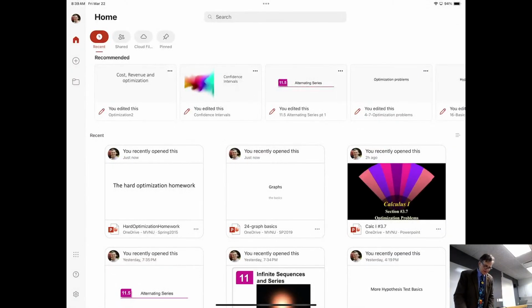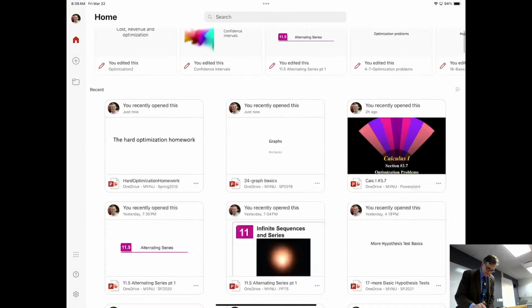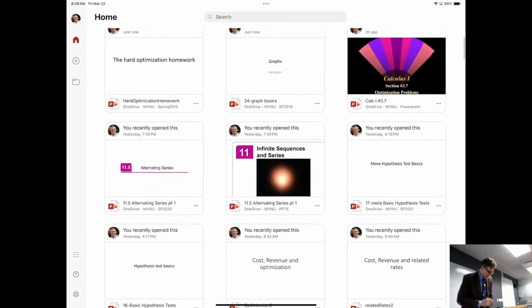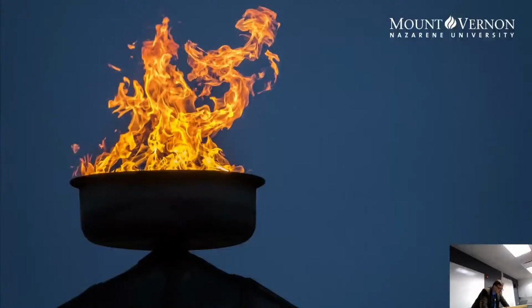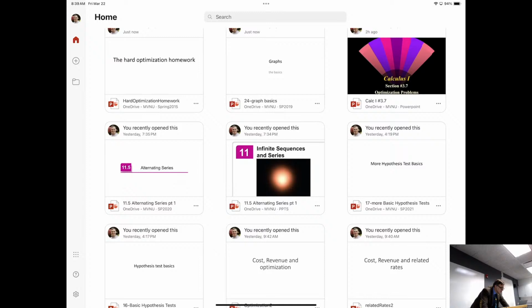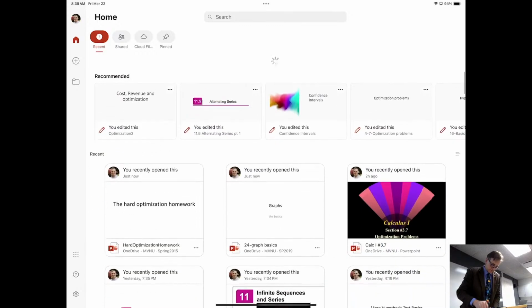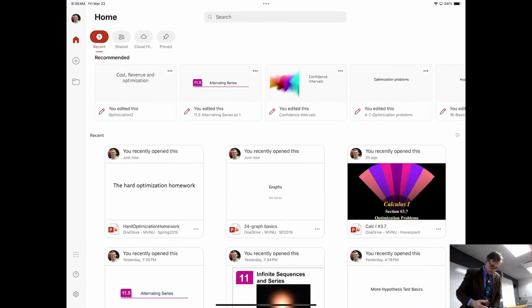Let me figure out which one I need. Just a minute. I have to get the correct one. I opened a whole bunch of things this morning, so I have to find the right one. Here it is, Optimization 2. Let's just save. Maybe I'll make a little note there. Save. Okay, will it? Come on.